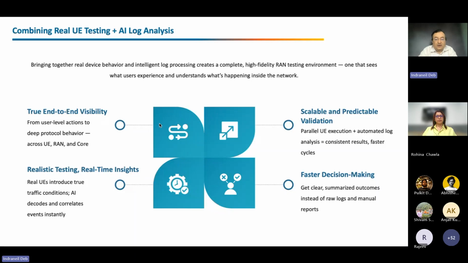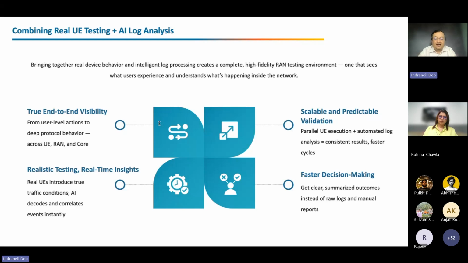So the combination of these two aspects entails maximum benefit for end users and also helps address the challenges in RAN testing with respect to automation, real world scenarios, scalable load and log analysis, and quick turnaround of testing cycles. So once we combine these two functions, we truly have end-to-end cross-domain visibility, right, from a testing perspective.